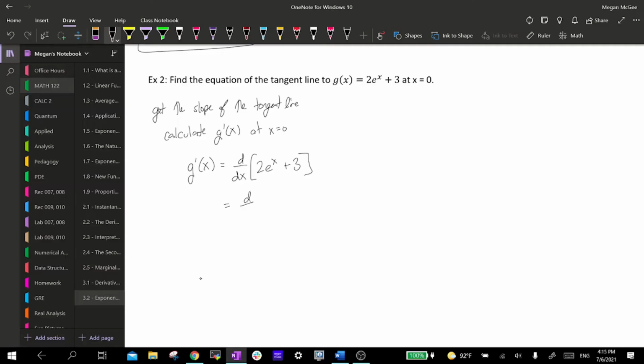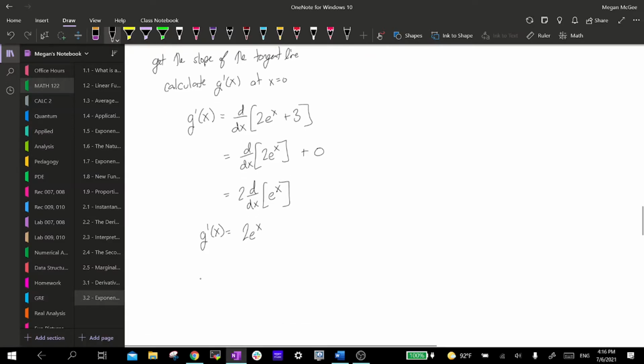So this is the derivative with respect to x of 2e to the x plus the derivative of 3, which is a constant, plus 0. I went ahead and skipped a little step there. Hope everyone's alright with that. Constant multiple rule says we can pull this 2 out front. Then we just have the derivative of e to the x, which we know is itself. So the derivative of e to the x is just e to the x. So we end up with 2e to the x. That is our derivative.